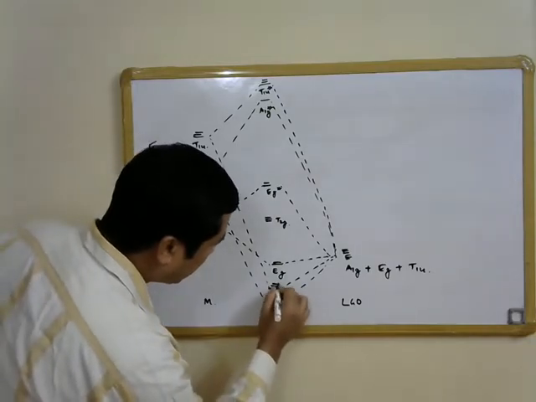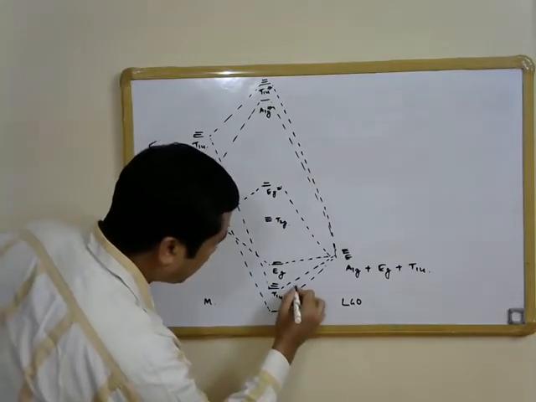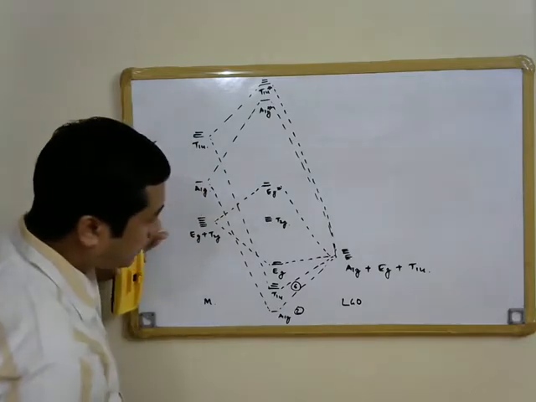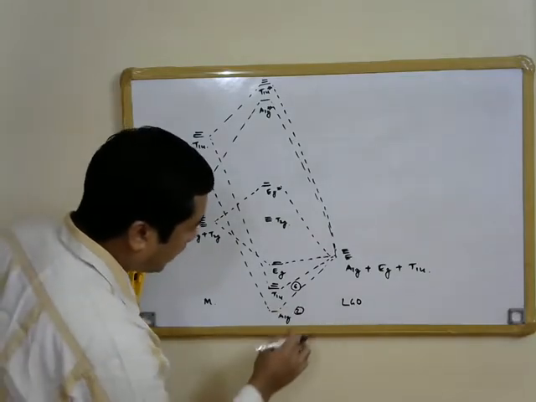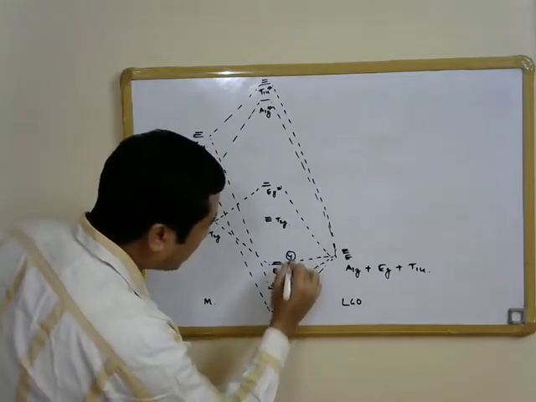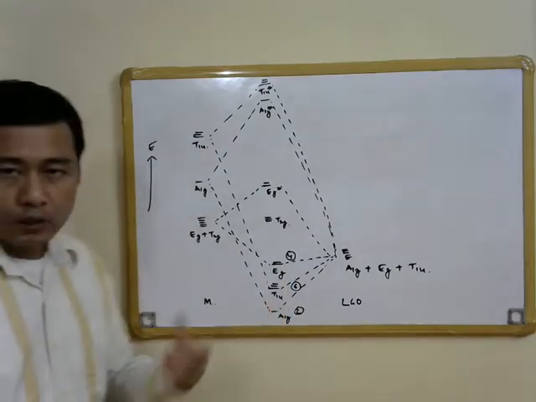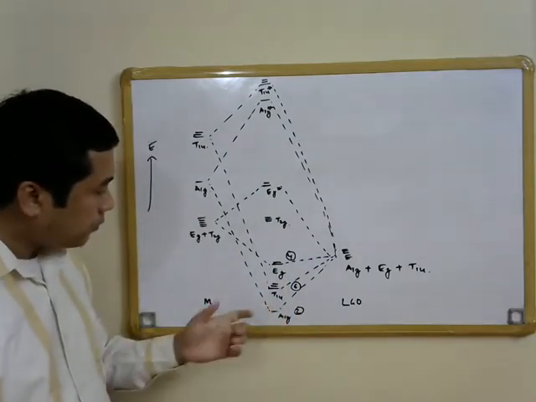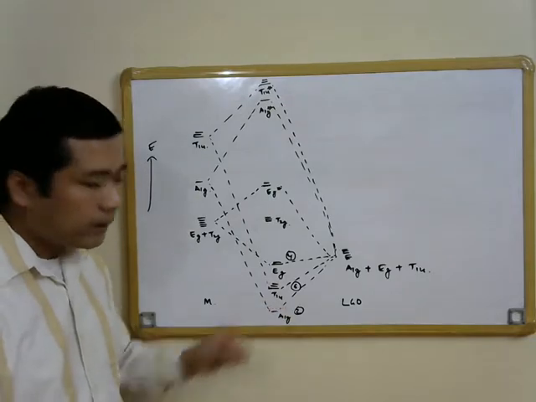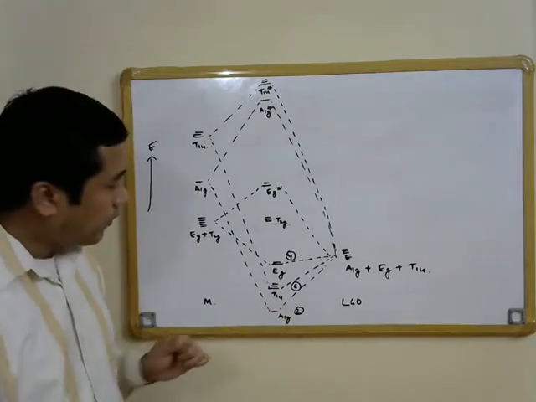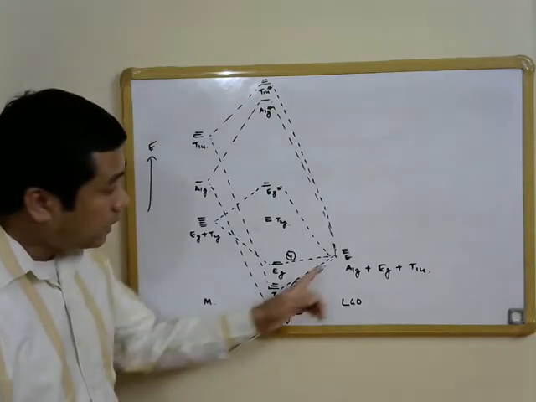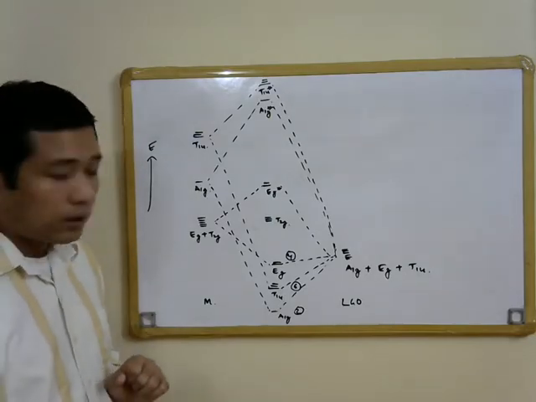Then this T1U is triply degenerate, so a total of 6 electrons can go here. So 2 plus 6 is 8, and then 4 electrons in this EG bonding molecular orbital. So we have now filled 12 electrons, and these electrons essentially come from the ligand.